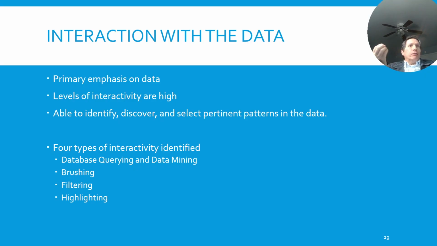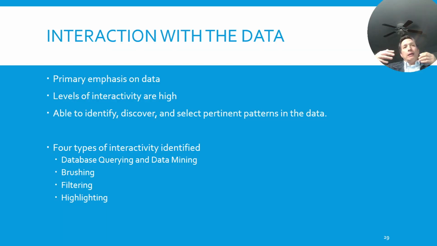Now, when we are interacting with data directly, we have basically emphasis on that data. The level of interactivity is really high, and in that way we can identify, discover, and select the pertinent patterns in the data. There are four types of basic interactions with data. We have database query and data mining. Database querying is when you have a predefined question and then you pull that data.